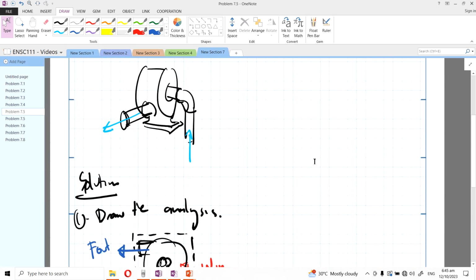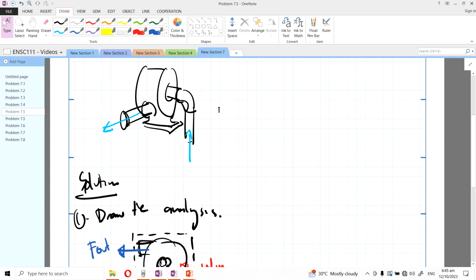Right, so what else do we have? Velocities. In the previous example, we had a change in velocity because it's the air, actually fans, which have not much pressure compared to pumps and compressors.